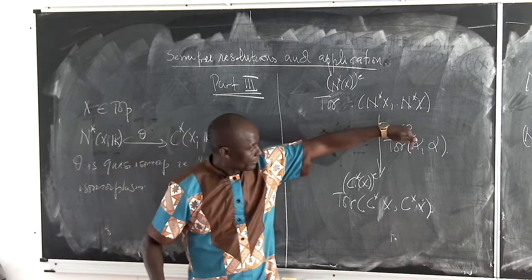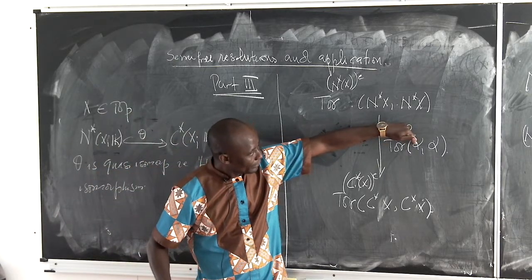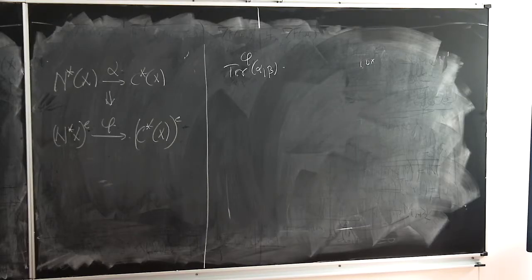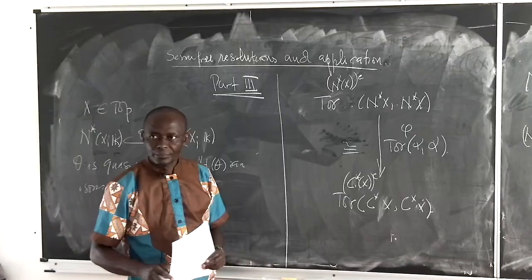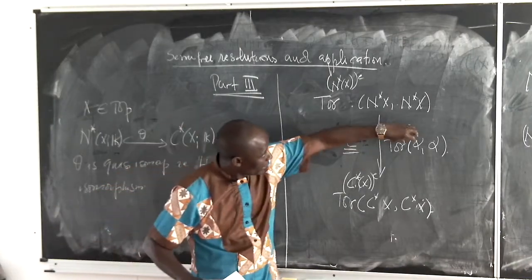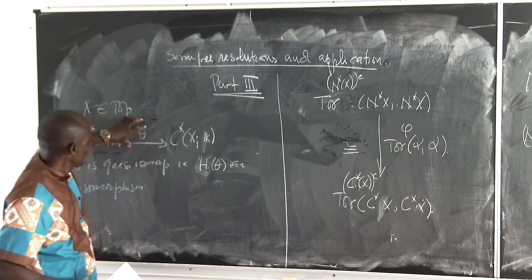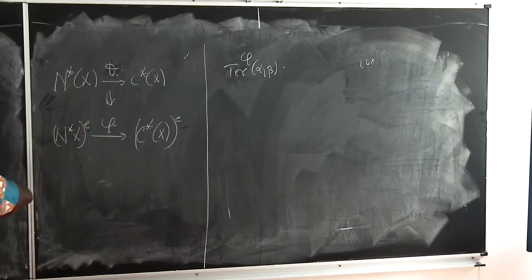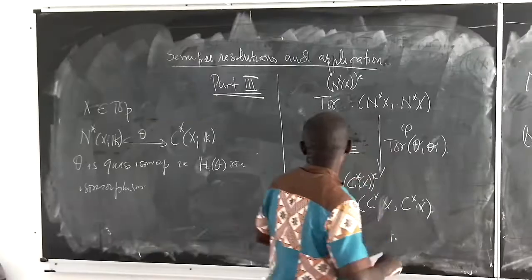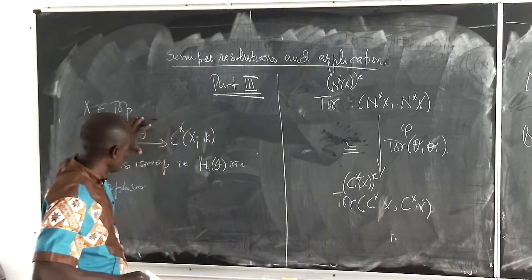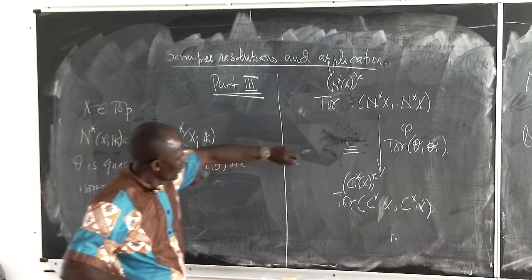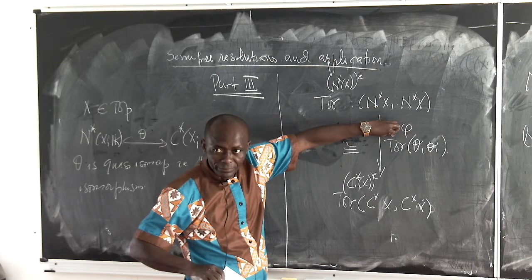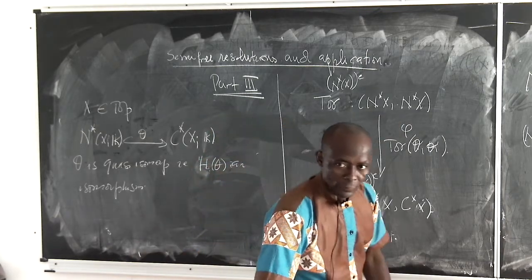Since alpha is a quasi-isomorphism, phi also is a quasi-isomorphism, this is an isomorphism. Because this map, I called it theta. I told you that this map is a quasi-isomorphism, which means that in homology you have this. So by moving to the Tor, you have this as an isomorphism. Okay.